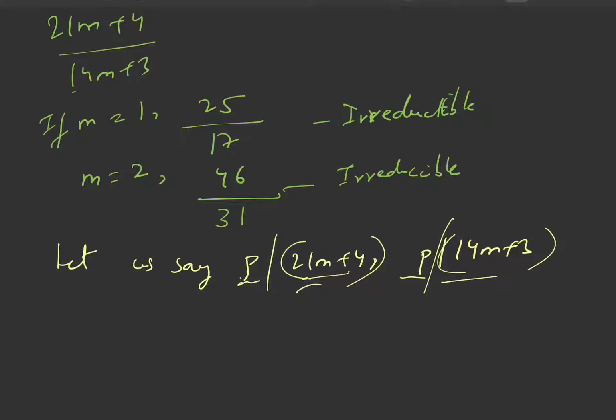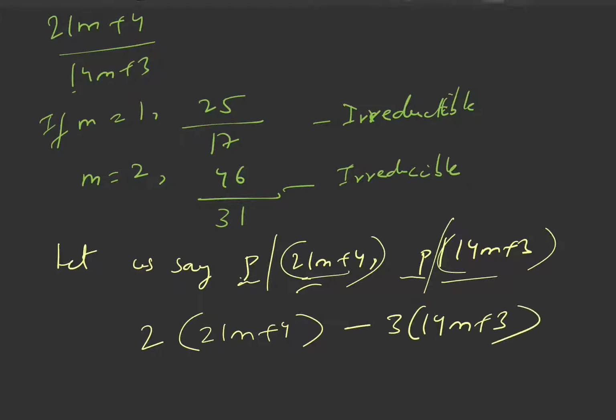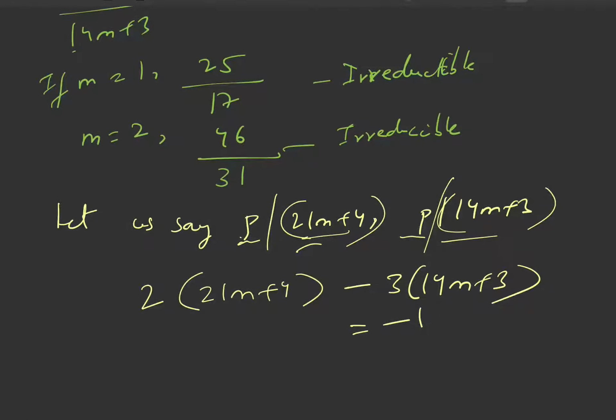And now you see I am using Bezout's identity, because what I am doing is writing 2 into 21m plus 4 minus 3 into 14m plus 3, because this 42m and 42m will get cancelled, and finally I will get 2 4s are 8 minus 9, minus 1, right? So I can write 3 into 14m plus 3 minus 2 into 21m plus 4 is 1, right?